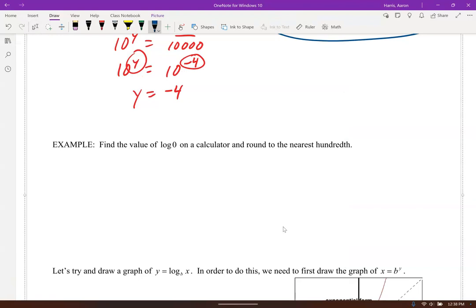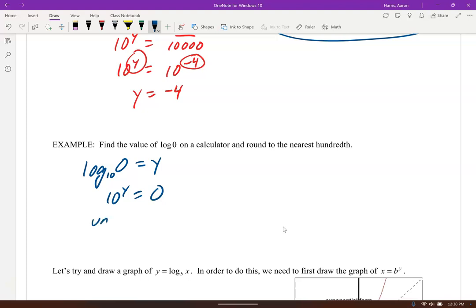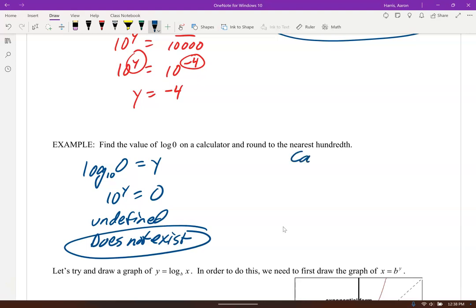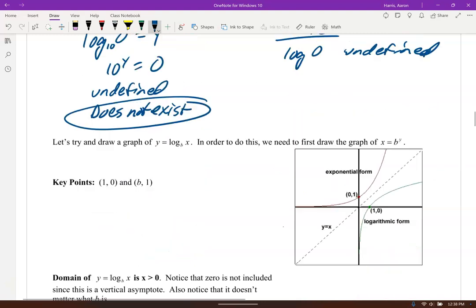It's asking us to find log of 0. There's no base, so make it base 10. Find y. Well, 10 to the y equals 0. There's no value that makes that true. Undefined. Does not exist. And on the calculator, same thing. We punched in log of 0, and it was undefined. The calculator knows it's also undefined.